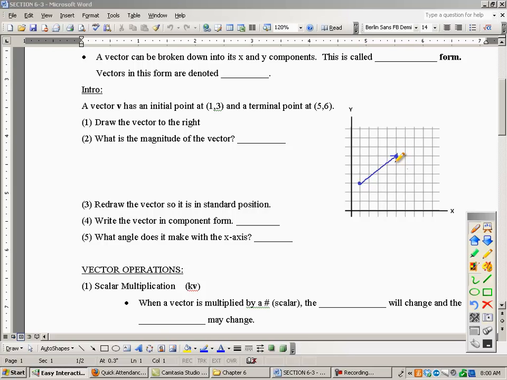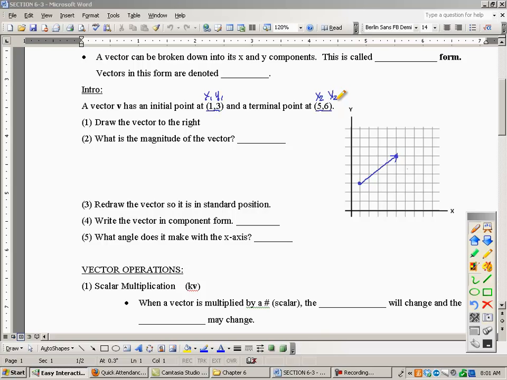So we first drew our vector. Next, what is the magnitude? Another word for the magnitude is the length. To find the length, we're going to use the distance formula, since they gave us two points. Call this x1, y1, x2, y2 if you want. It doesn't necessarily matter.